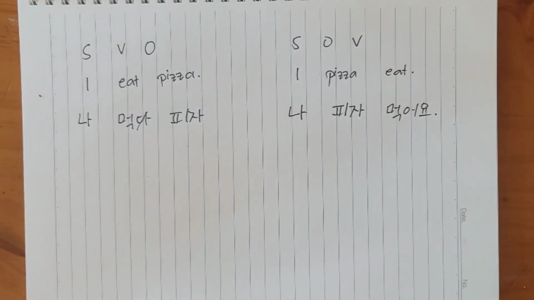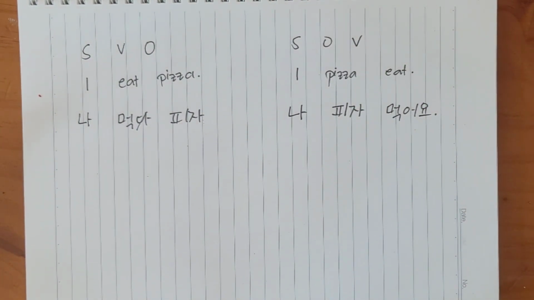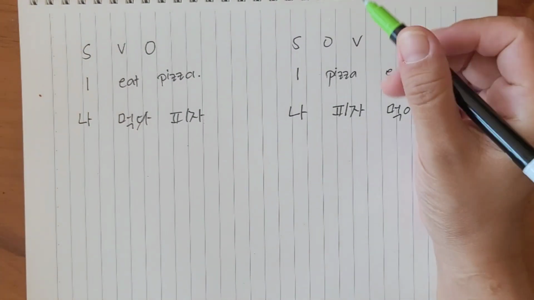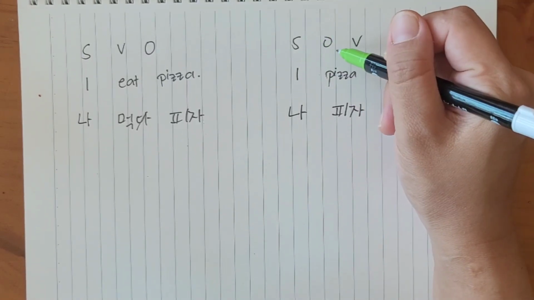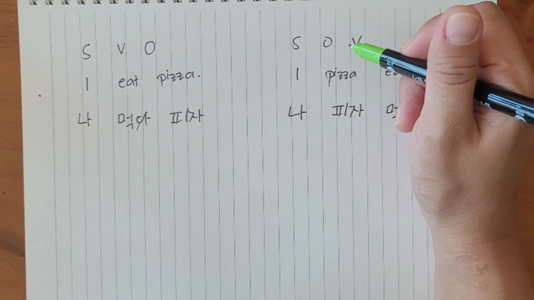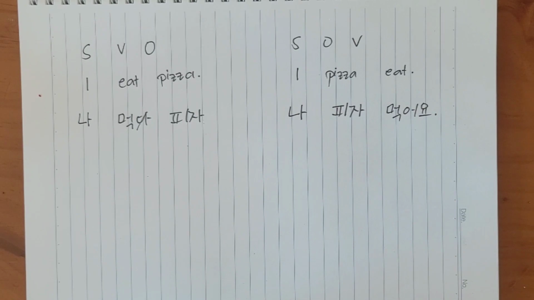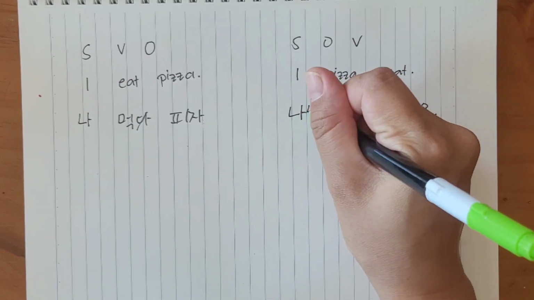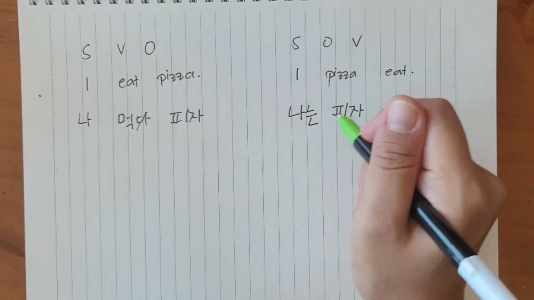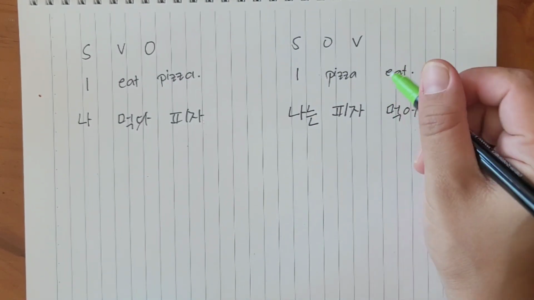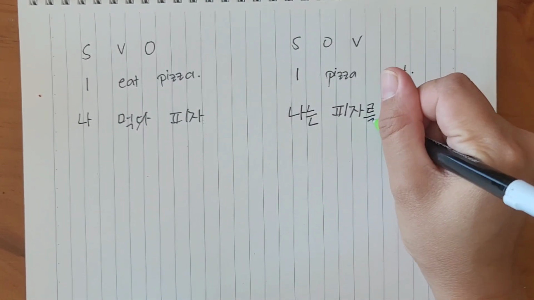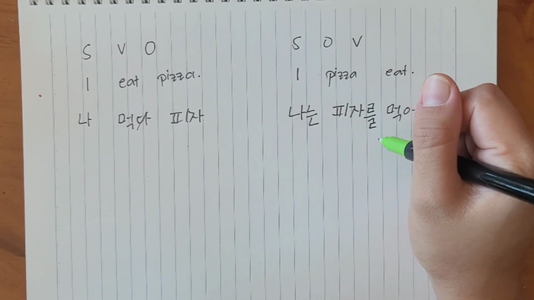Tapos, ang kaibahan sa Korean sentence ay meron silang tinatawag na particles or yung mga markers. Dito sa subject, meron tayong subject marker. And then sa object, meron din tayong object marker. So, subject marker is 는. 나는 pizza, ang object marker natin ay 를.